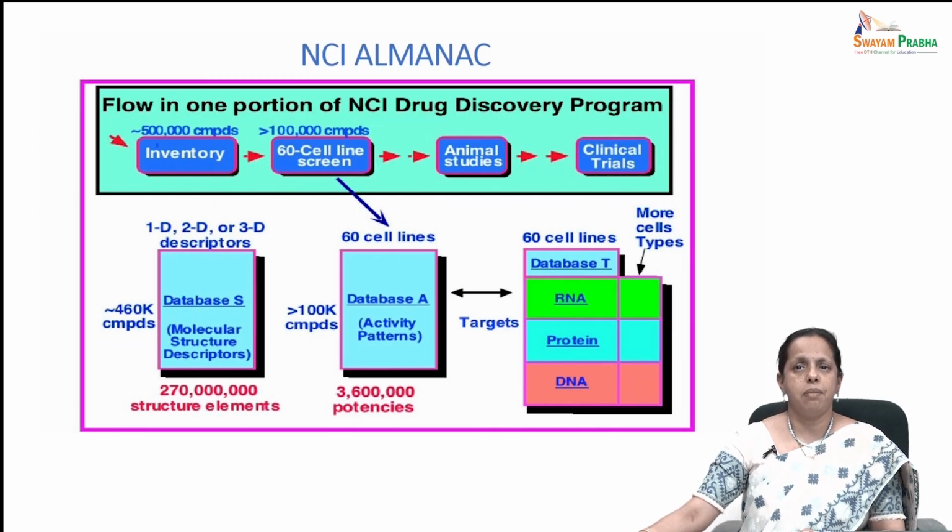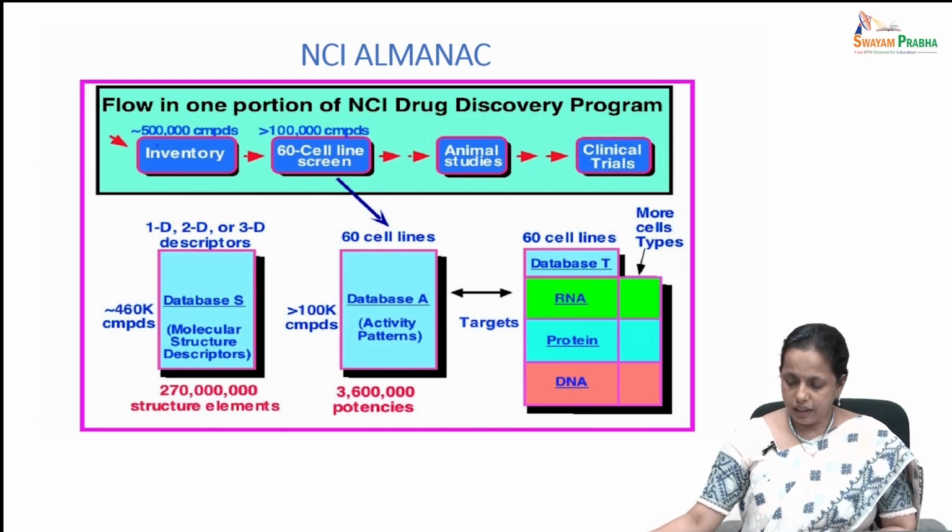The database can be mapped into a structure database, S, containing 2D or 3D chemical structure descriptors, for example, any methyl group or any position of the functional groups or any difference in the core structures of the compound. And the target database, T, contains molecular profile information of the cells.